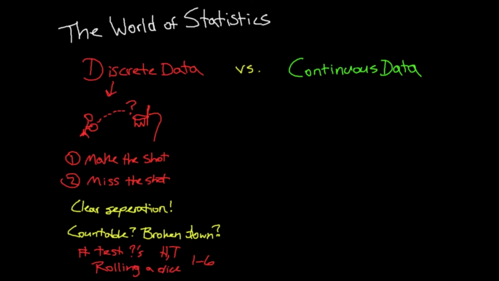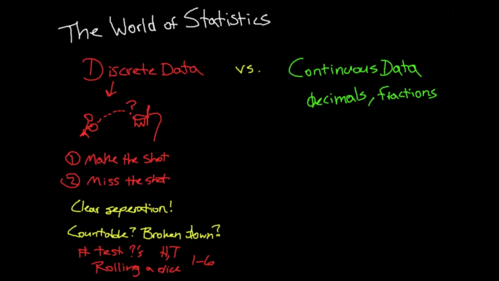So besides discrete data, then we have continuous data. In continuous data, it's harder to separate. So we have decimals, we have fractions, really anything that can go on forever.